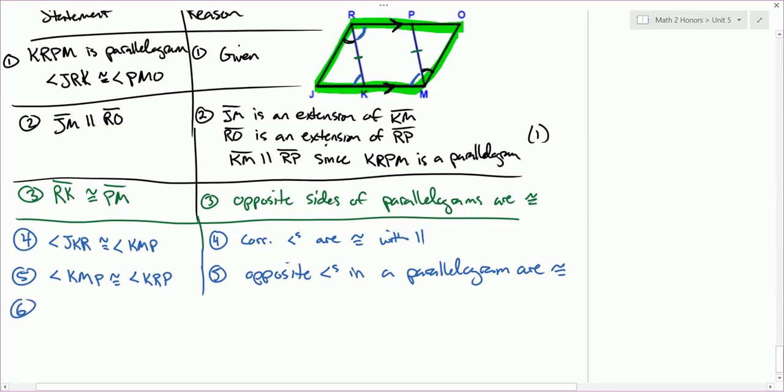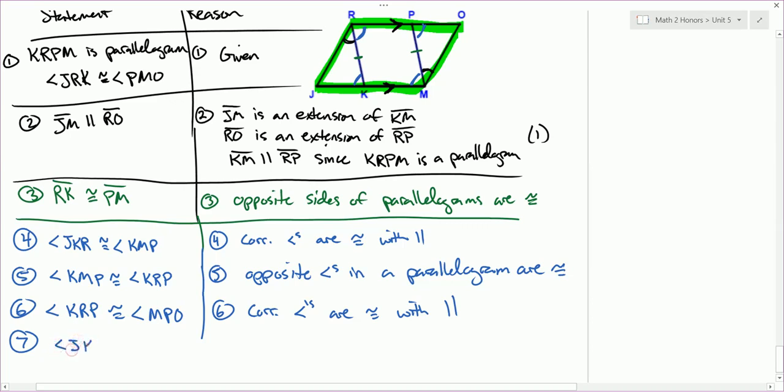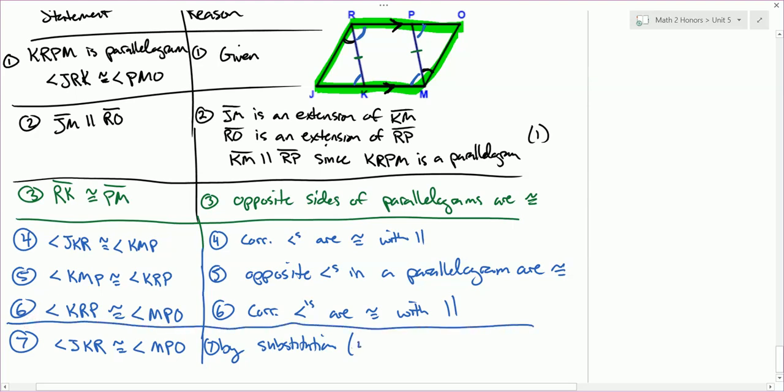And then we could say angle KRP is congruent to angle MPO, by corresponding angles are congruent with parallel lines. And all of this to say that angle JKR is congruent to angle MPO, by substitution. And we're looking at 4, 5, and 6 here to help us with that.